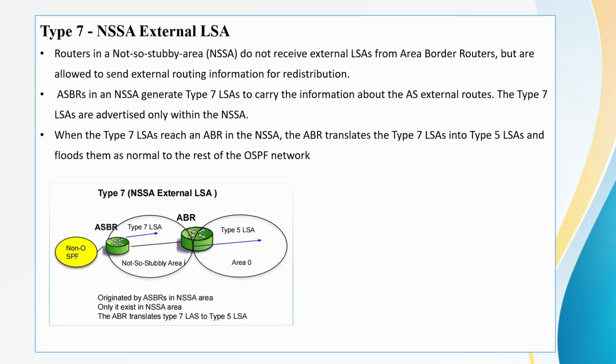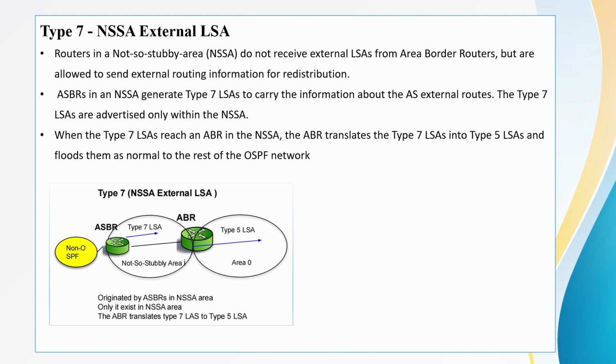Last one in this document, type 7, is called the NSSA external LSA. Routers in a not-so-stubby area do not receive external LSAs from the area border router, but they are allowed to send external route information for redistribution. The ASBR in the not-so-stubby area generates type 7 LSA to carry the information about the autonomous system external routes.